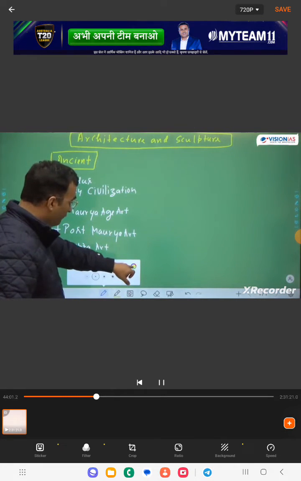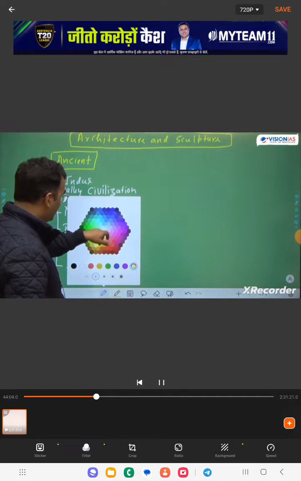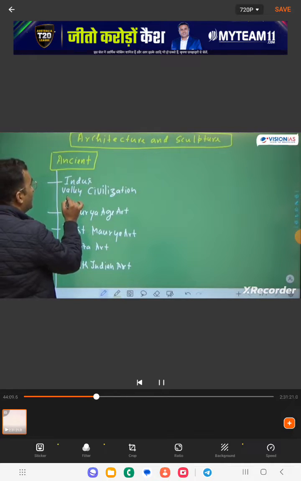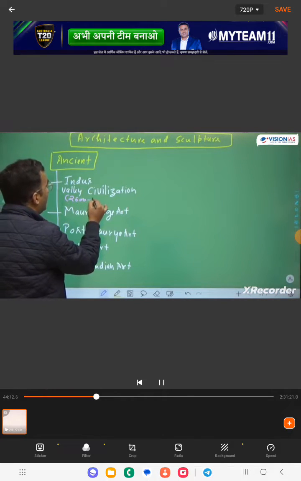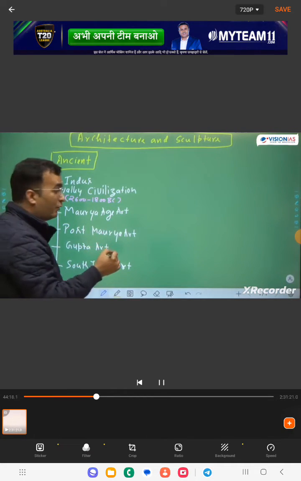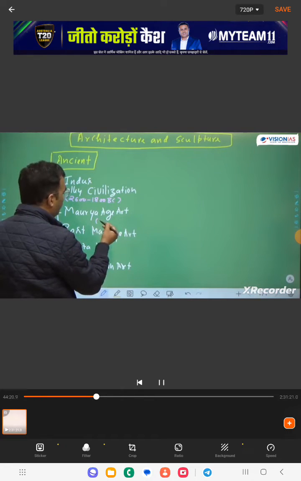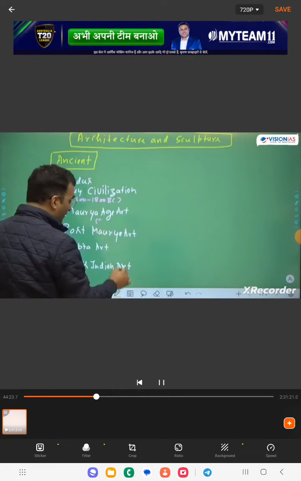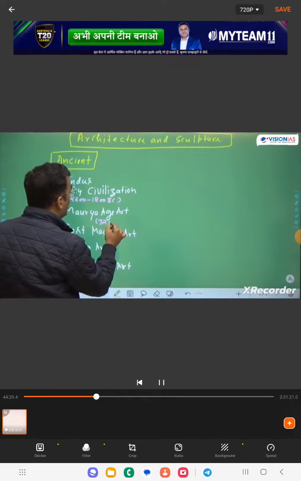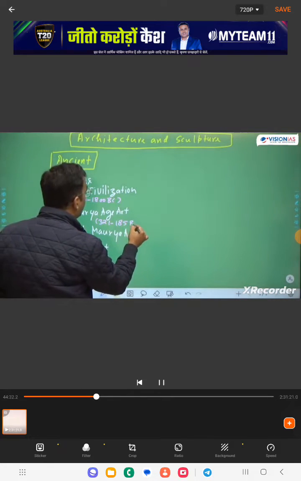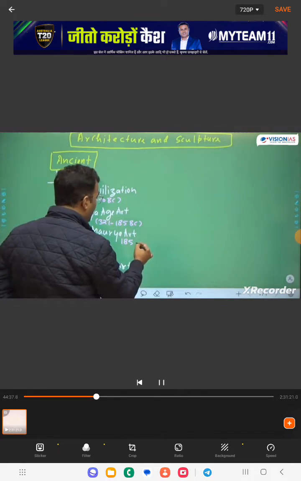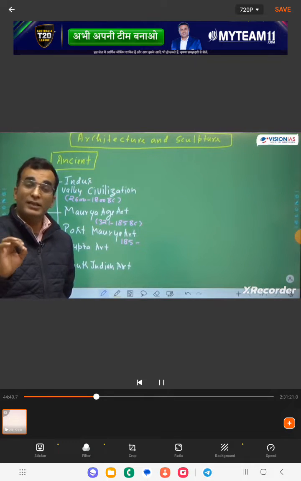Since you have not gone through the classes of the ancient, let me write the ages also. The Indus Valley is approximately 2600 to 1800 BC. The Maurya age is from 321 to 185 BC. Post-Maurya age, we can count from 185 approximately. Look, these are not confirmed dates that it started on this exact day.